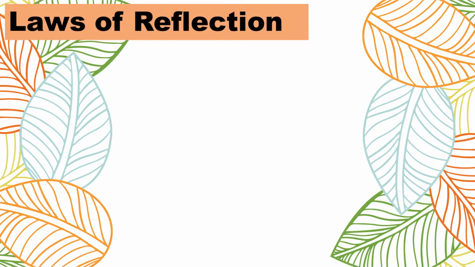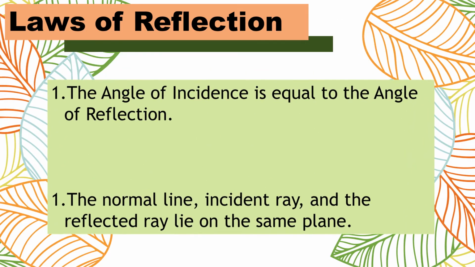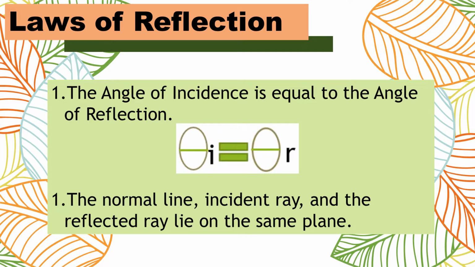First, we have the angle of incidence is equal to the angle of reflection. In a symbol, angle I is equal to angle R. Angle I means angle of incidence, then equal to angle R, which means angle of reflection. The second one is the normal line, incident ray, and the reflected ray lie on the same plane. Okay.